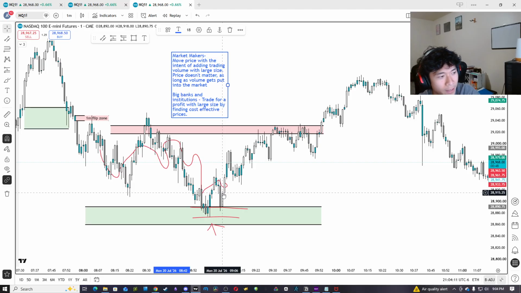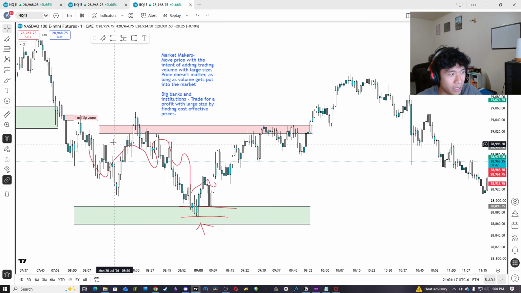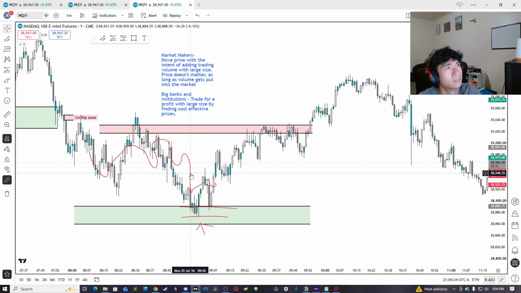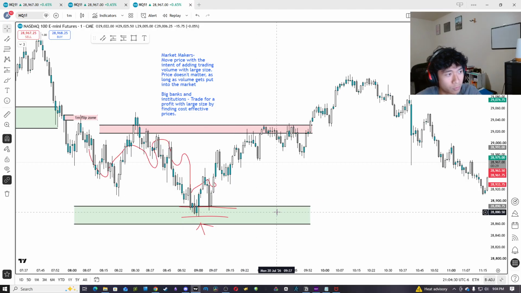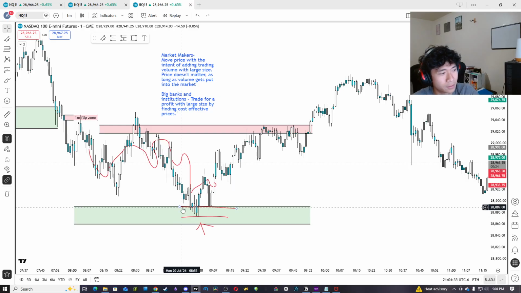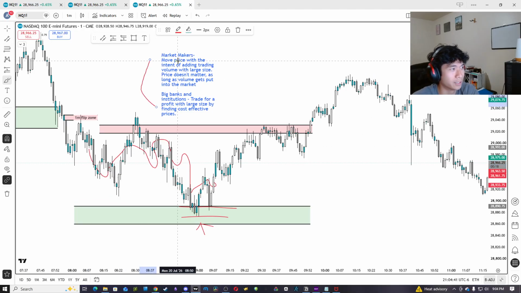What's happening is that these big banks and institutions just know that this price is good, and that's why people end up getting trapped. The people who sold at a price that was undervalued and bad are on the wrong side of the trade. But that's because they didn't know they were selling when the product was undervalued, and as a result, it looks like these two are collaborating with each other.